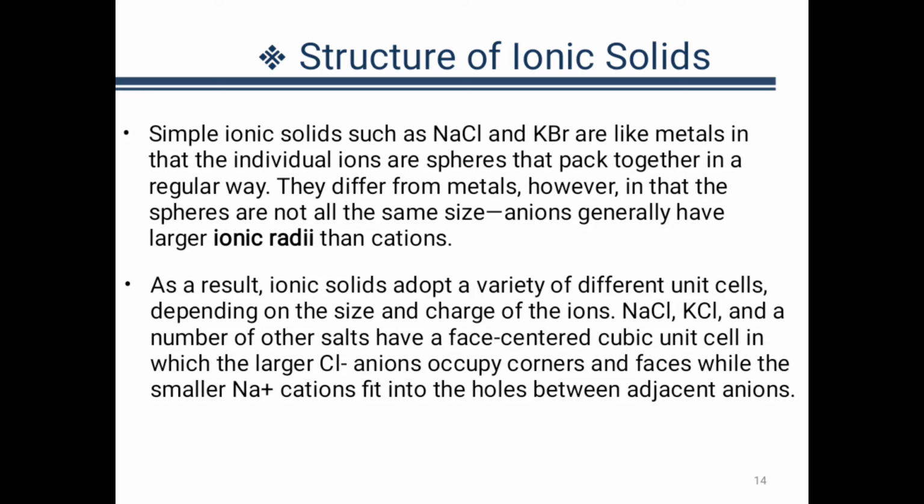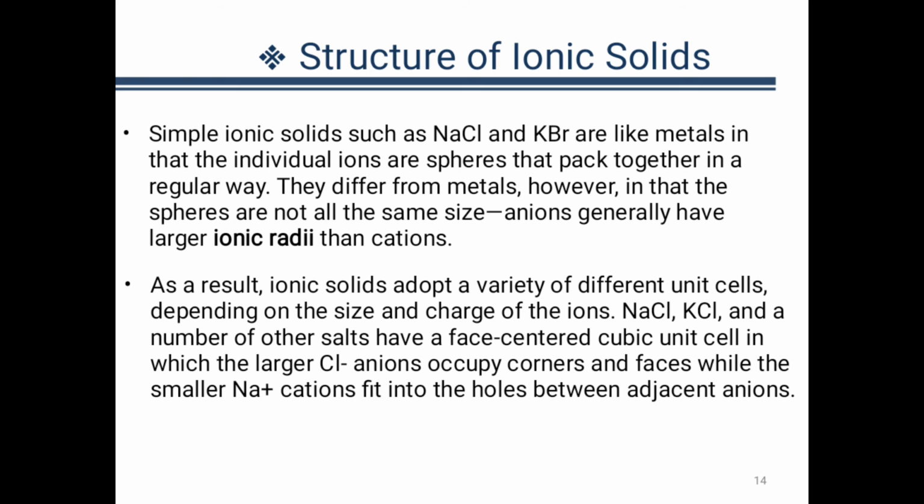So simple ionic solids such as sodium chloride and KBr are like metals in that the individual ions are spheres that pack together in a regular way. They differ from metals, however, in that the spheres are not the same size. Anions generally have larger atomic radii than cations. As a result, ionic solids adopt a variety of different unit cells depending on the size and charge of the ions.